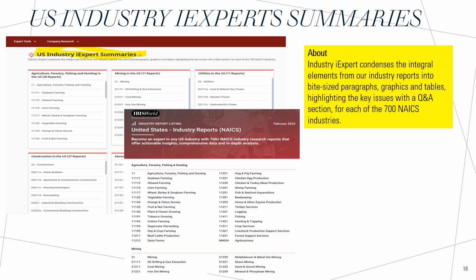So remember, if you're going to take a report from this, you can use the same number and enter it into the search box. You would get the iExpert summaries and the general industry NAICS report. And we'll go a little deeper into that.